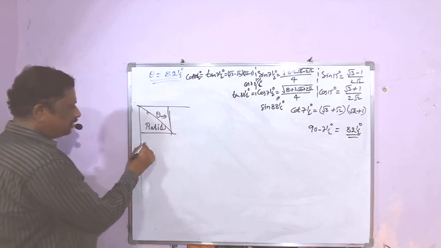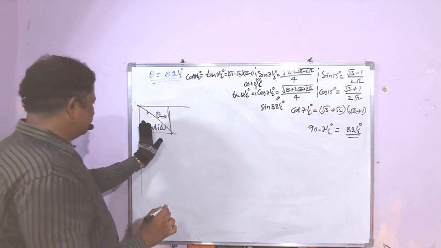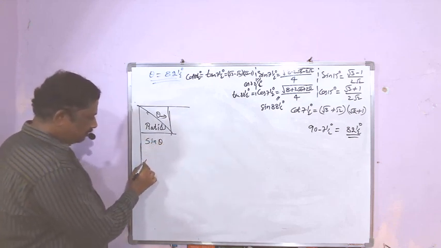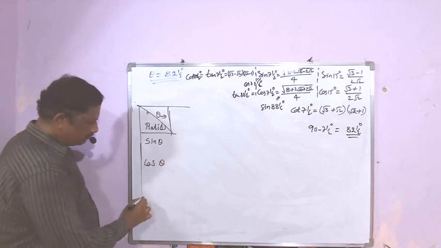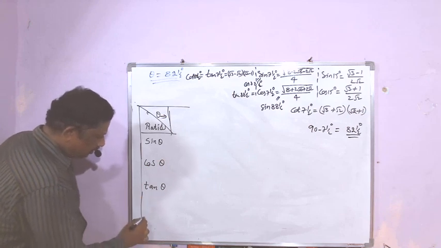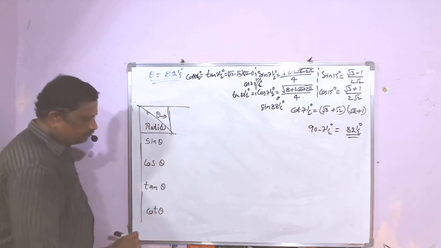So what ratios are you taking? Sine theta first. Next, cos theta. Next, tan theta. Finally, cot theta. Okay?